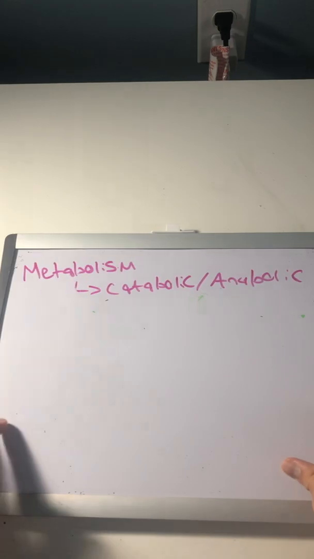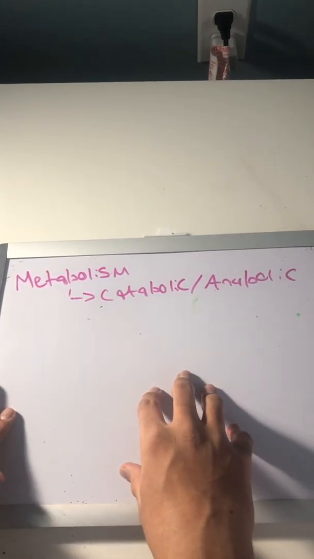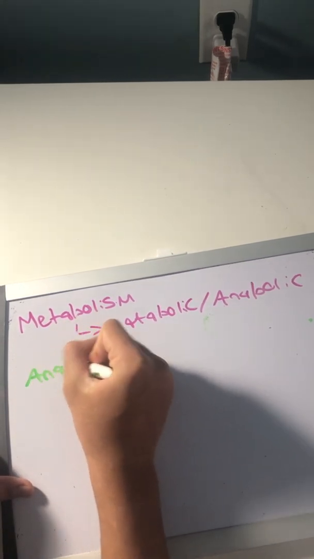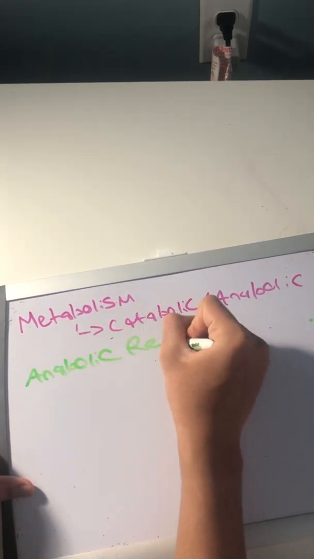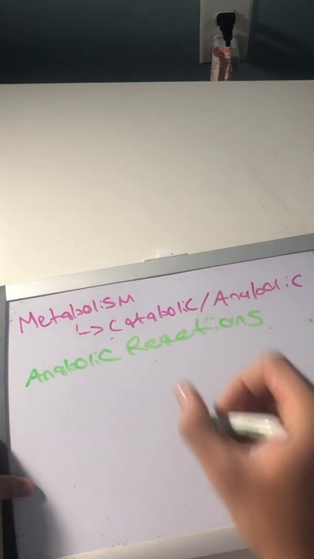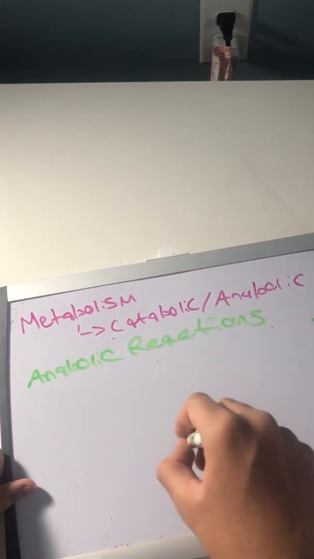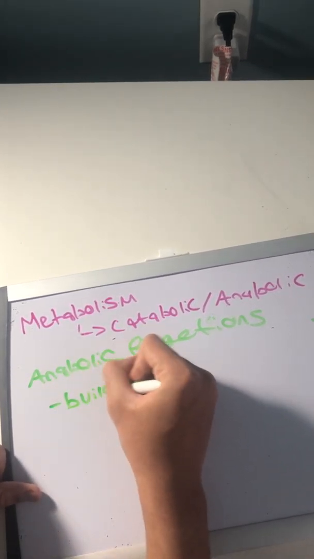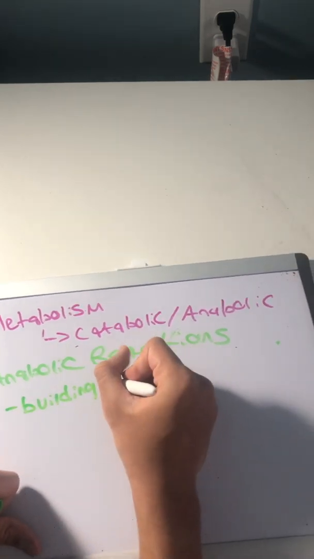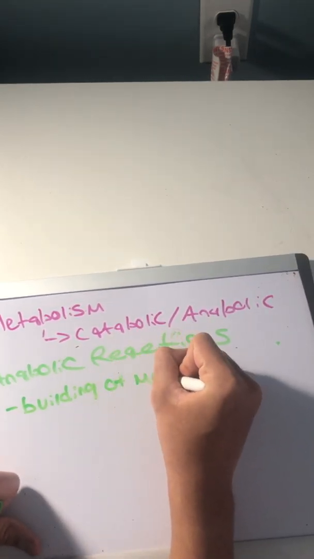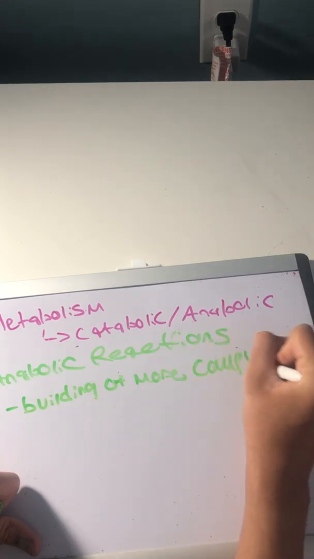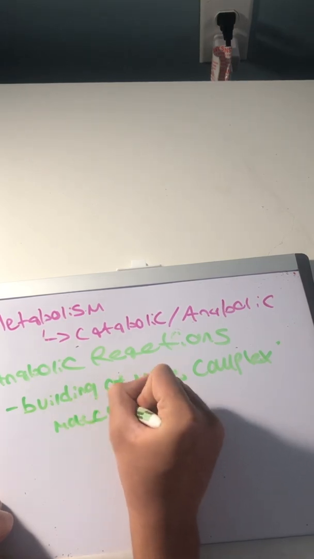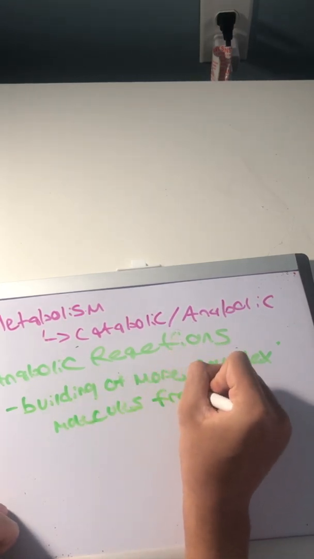Okay. Now, let's look at anabolic reactions. So, anabolic reactions. Anabolic reactions are basically the building of more complex molecules from small subunits.